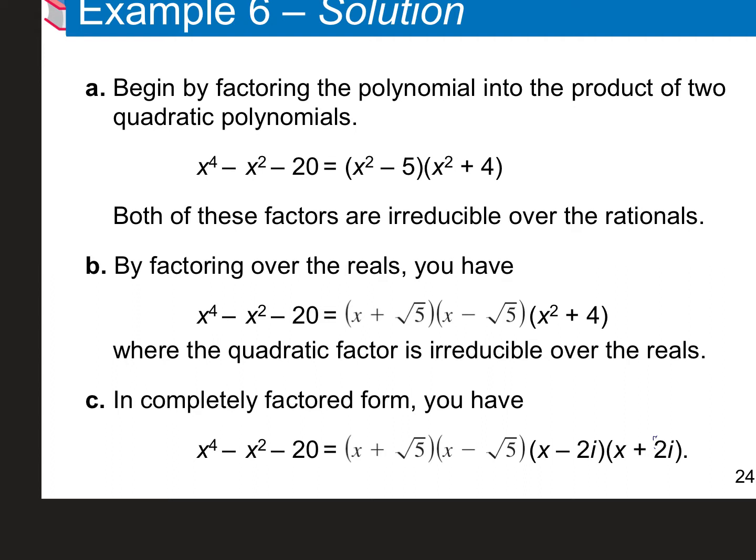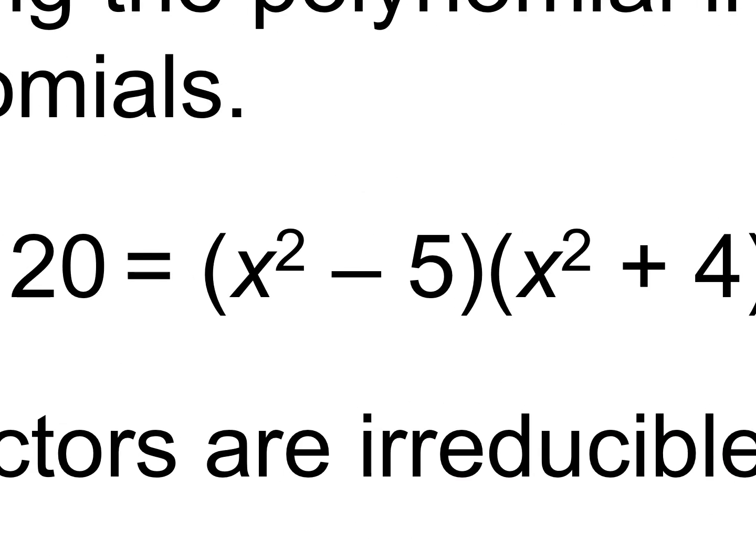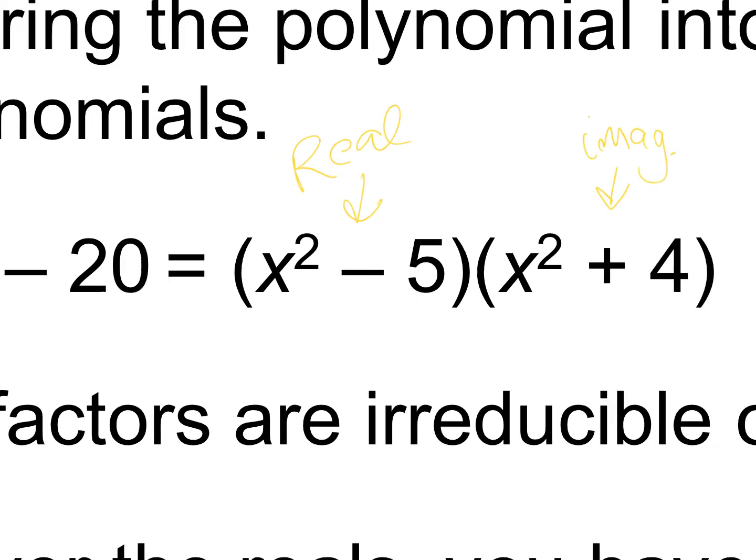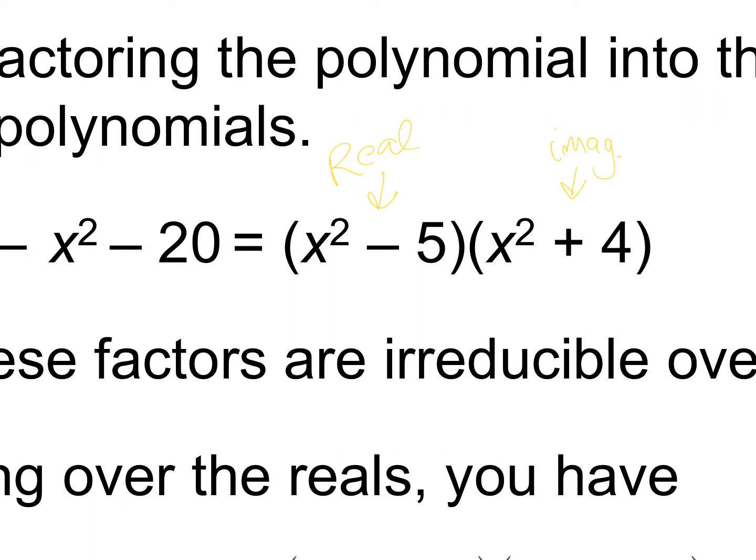But do you guys see in that first step, when you factor into two polynomials, what kind of an answer am I going to get here versus here? This is real, and this is going to be imaginary. How do I know that just by looking? Because when you move 5 over to the other side, it becomes -5, the other side positive.